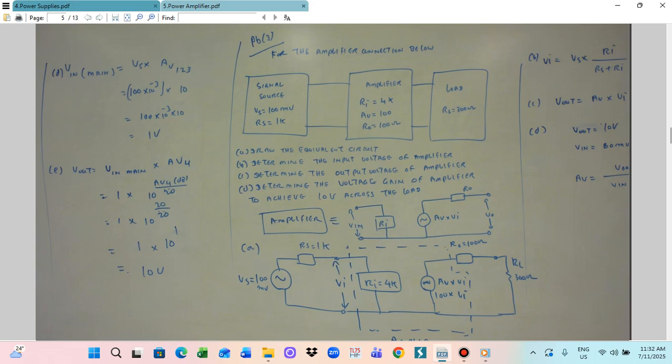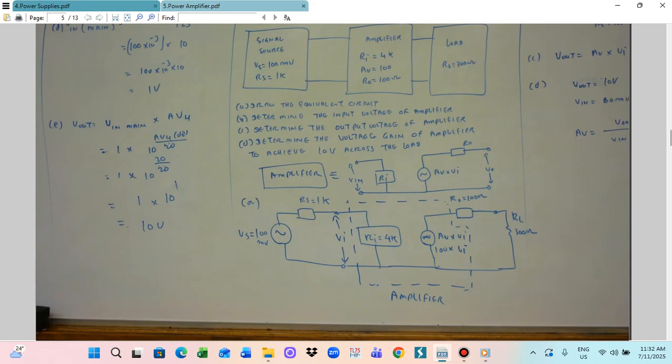We can find VI, the input voltage for the amplifier stage, by utilizing the voltage divider, because the 1 kilo ohm RS and the RI 4 kilo ohm are in series across the VS. So VI is equal to VS multiplied by RI divided by RS plus RI.